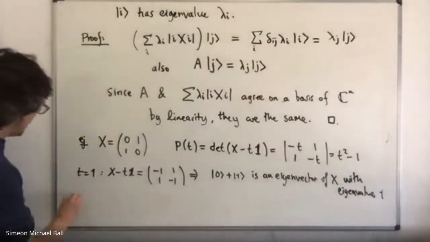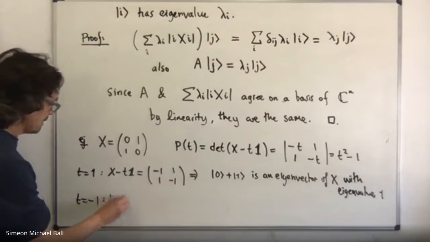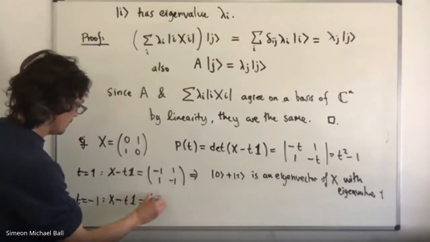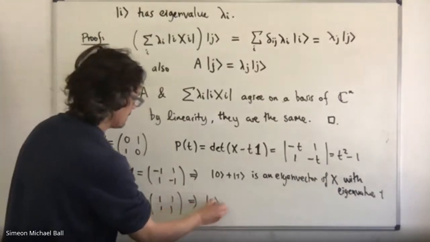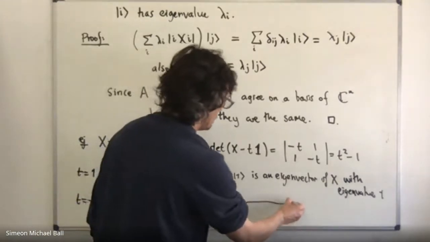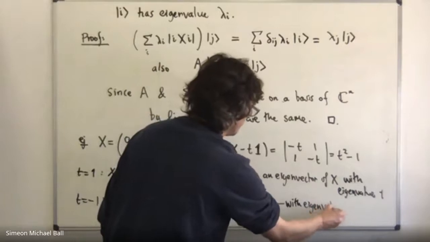And when t is minus 1, then we do x minus t identity, which is 1, 1, 1, 1, which implies that 0 minus 1 is an eigenvector of x with eigenvalue minus 1.